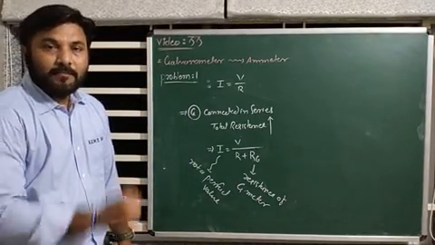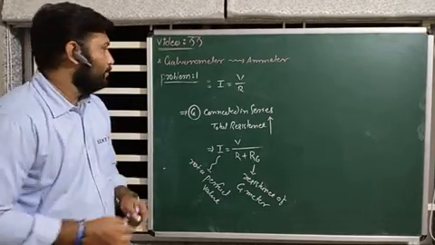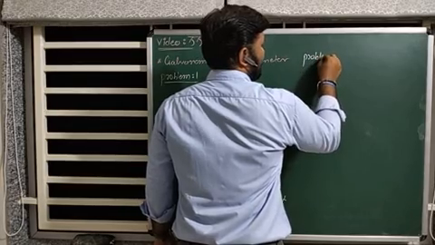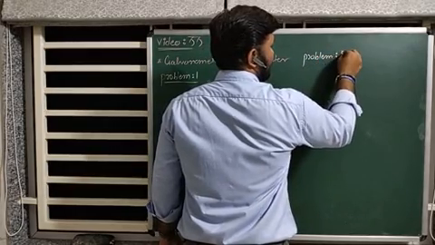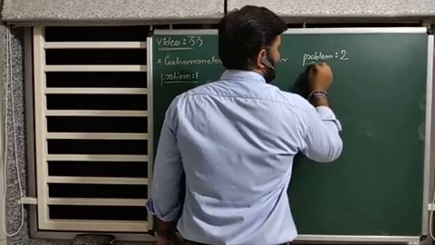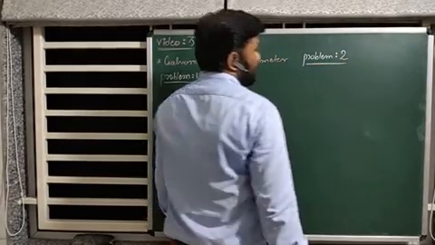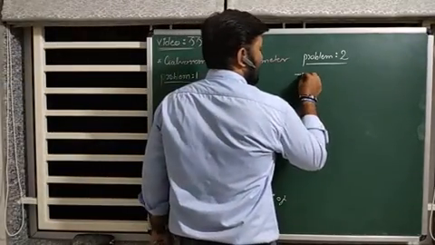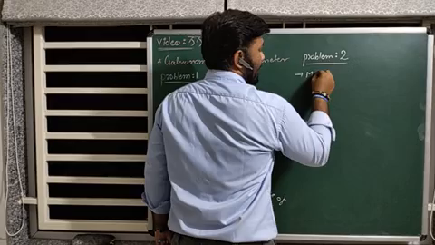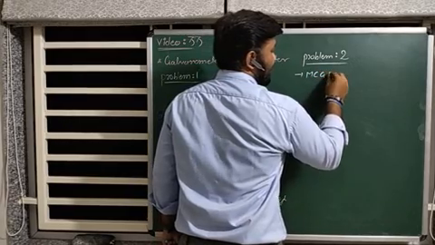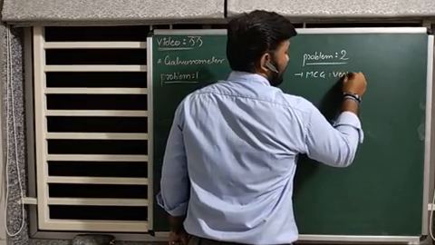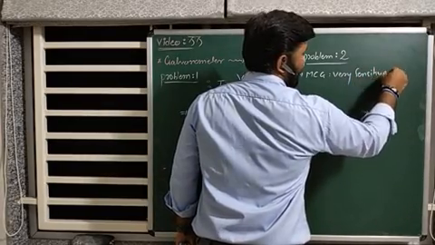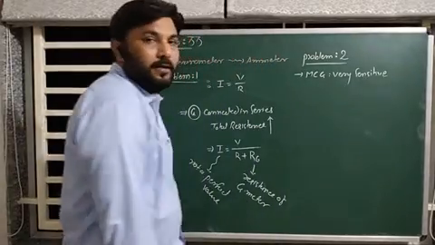Now, let us see problem number 2. This MCG, moving coil galvanometer, is very sensitive. Got it?